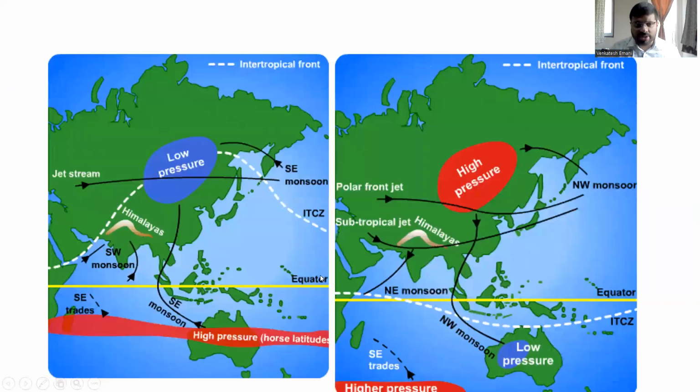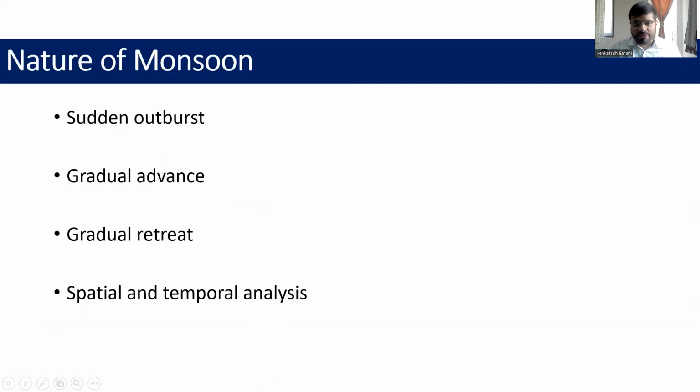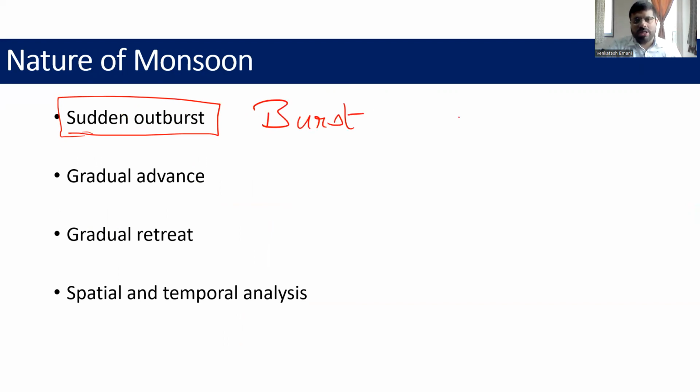If you have observed the map, or the newspapers in the recent era, you'll see that every monsoon enters India with a sudden outburst, which you call the burst of the monsoon. It typically happens around May, June.